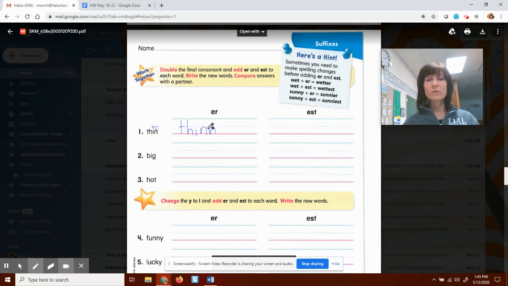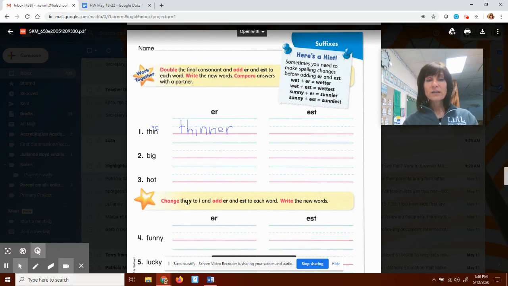Double means two, so two N's to my ER. I would do the same with the EST. So if I'm comparing three or more, I'm going to use the EST, doubling the N.